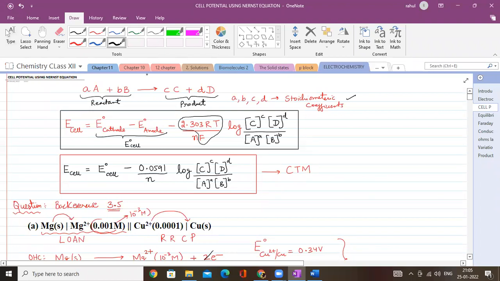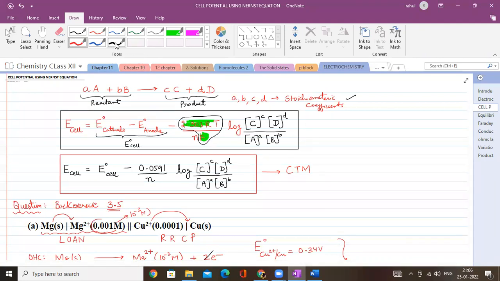This term 2.303 RT by F, I have already told you, is 0.0591 divided by the number of electrons exchanged, log of the product of the active molar concentration of the products to that of the reactants, each raised to the power of the stoichiometric coefficient as represented by a balanced chemical equation. This is one formula which of course you have to commit to memory.